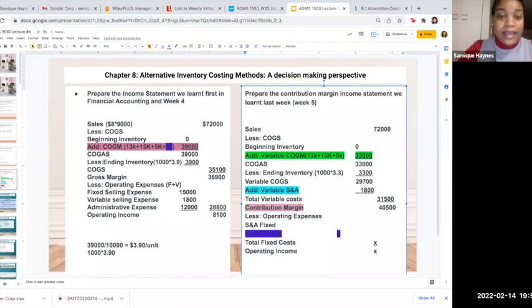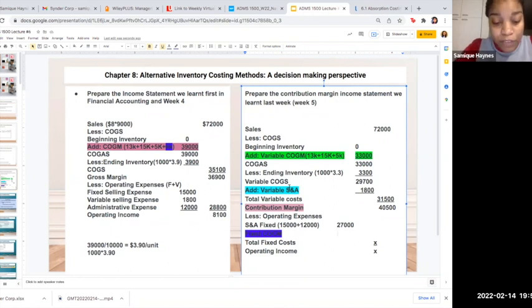So our selling and admin fixed costs were how much? If we combine them together, it will be 15,000 plus 12,000, selling and admin together fixed. So that's our 27,000. And our fixed cost of goods manufactured, remember, we did not include that up here like we did over here because we're separating the variable from the fixed.